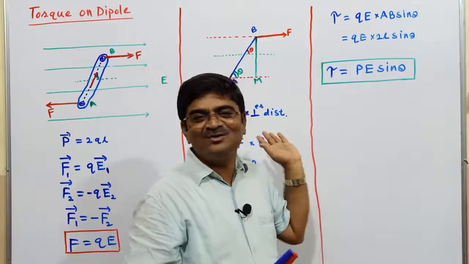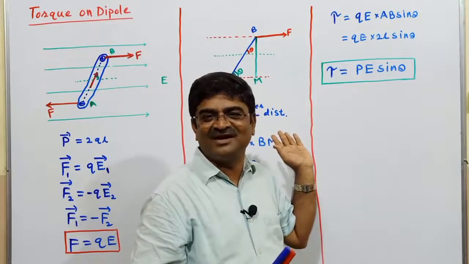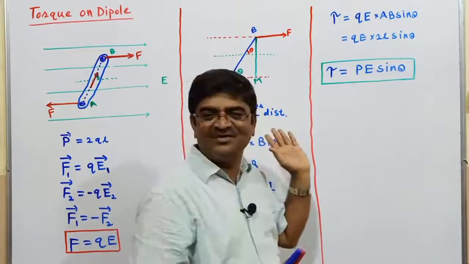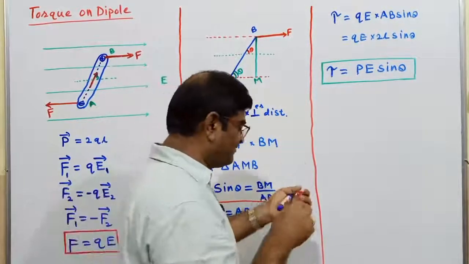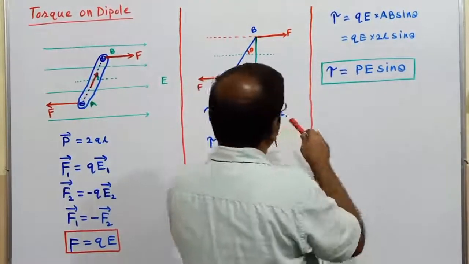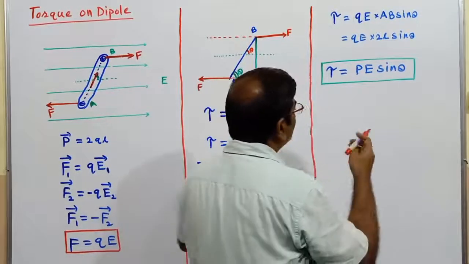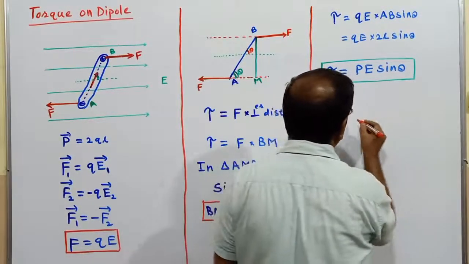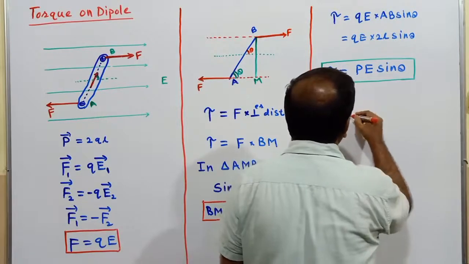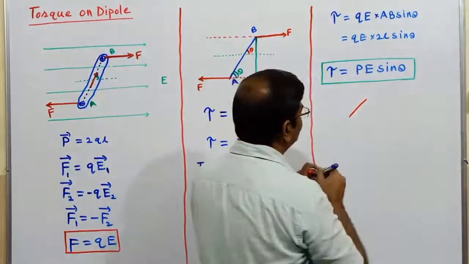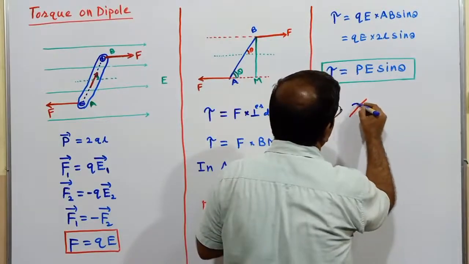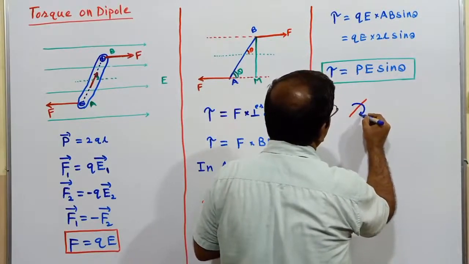I have to follow the rules of vector algebra. So let me think of how I should write. For that I'll visualize like this. For torque, undergoing motion like this. What kind of motion has the dipole got? I'll represent the motion of the dipole like this, clockwise.